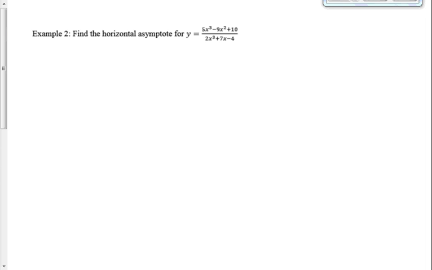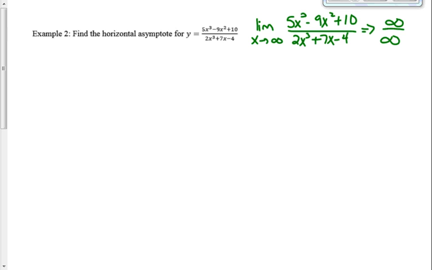So if I were to take the limit as x approaches infinity of this, 5x cubed minus 9x squared plus 10 over 2x cubed plus 7x minus 4, and I were to plug in infinity, this thing would approach infinity over infinity. And of course, that's an indeterminate form, which means we can use L'Hôpital.